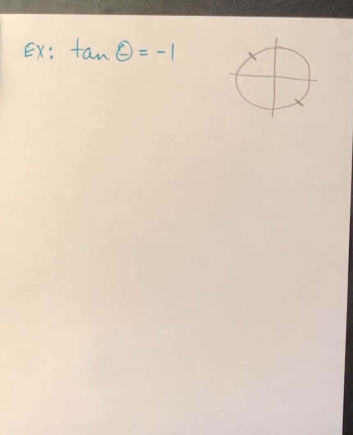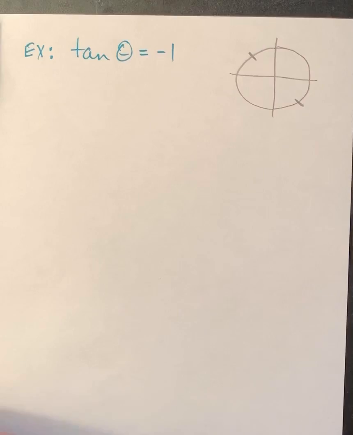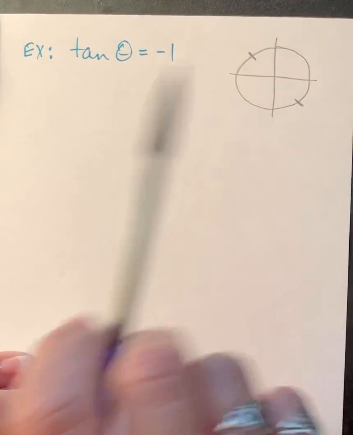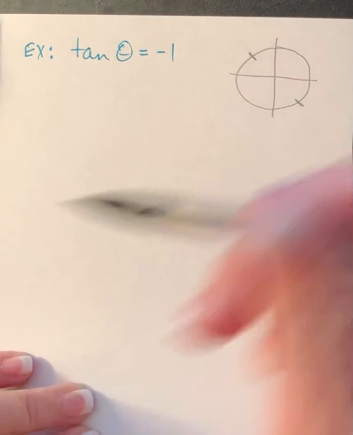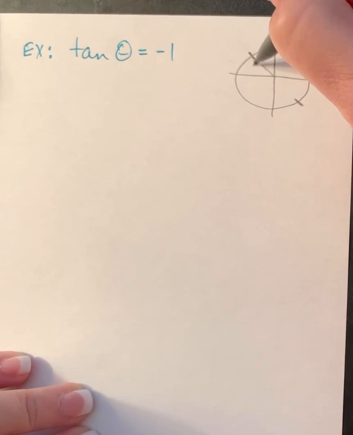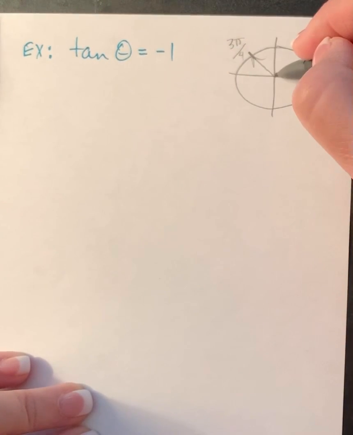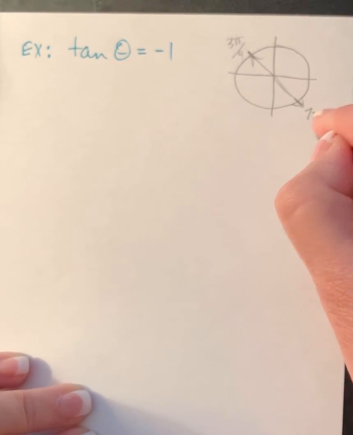So what happens with tangent, and sometimes happens in other problems, is that the two spots on the unit circle, just between 0 and 2 pi, are actually pi units apart from each other. This one is 3 pi over 4. This one is 7 pi over 4.